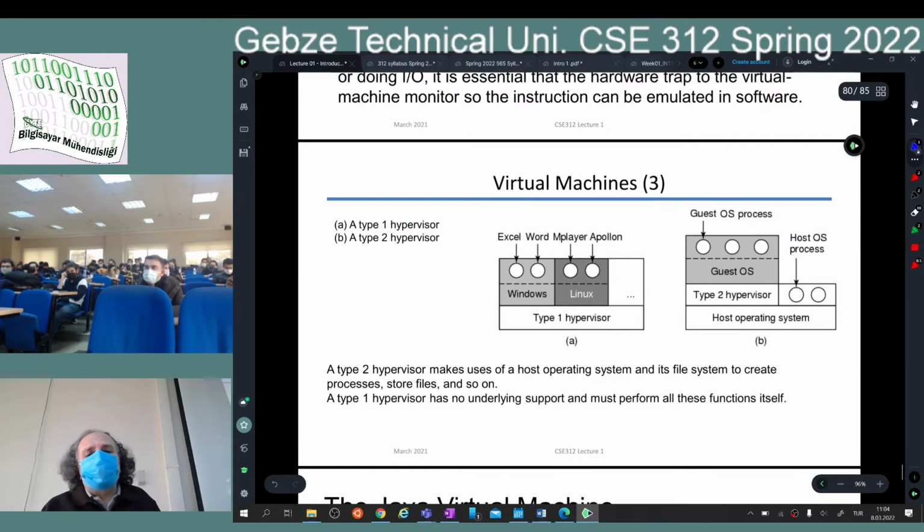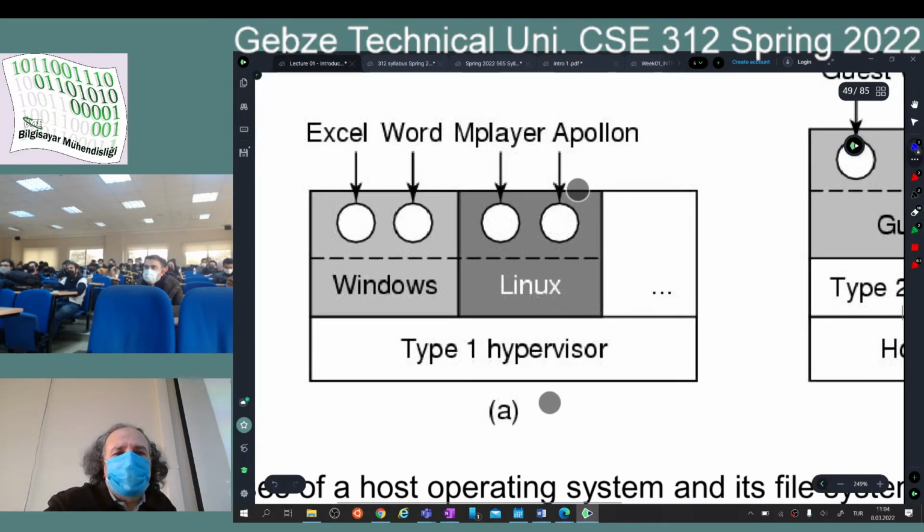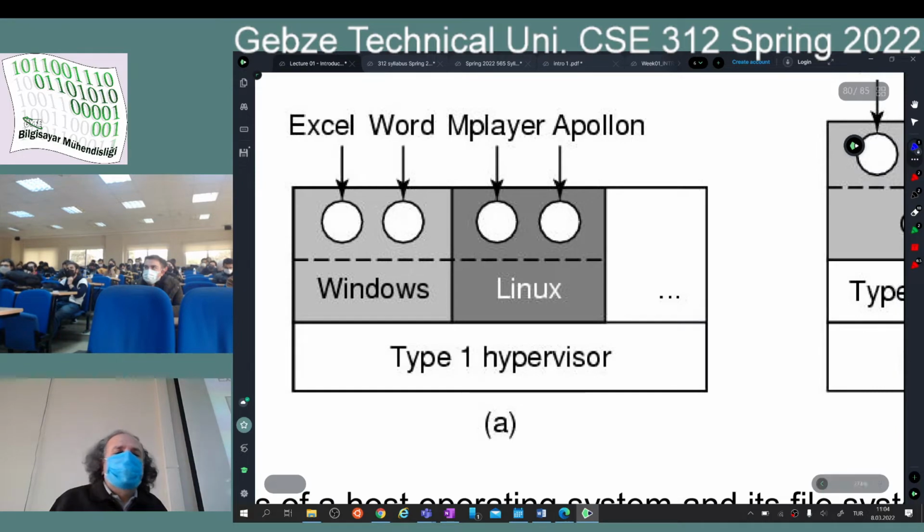There are two types of virtualization. We are going to look at them in a separate chapter, but let's look at them now. One is this one, type 1 hypervisor. Sometimes operating systems are defined as supervisors, like the boss, the manager, the supervisor of all the processes.